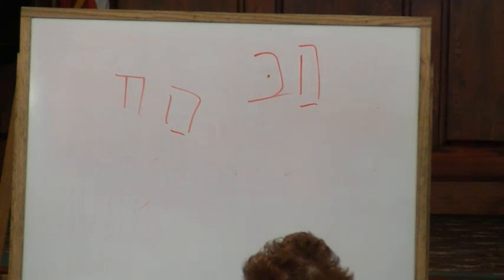Makom changes to mekomoth. Again, the comets changes to a shawah. Why does that happen? We actually just learned about this in that front section, number 5. Why in all those plurals does the comets underneath the first syllable change to a shawah?